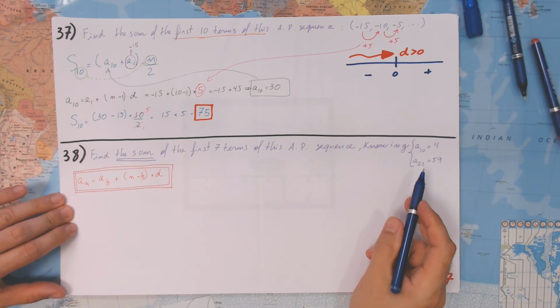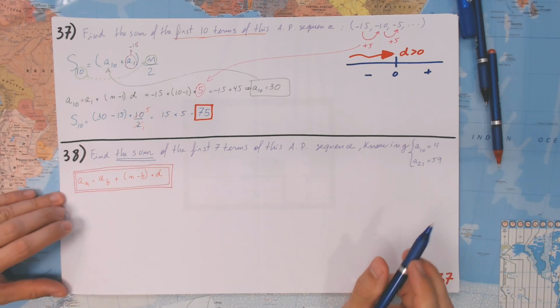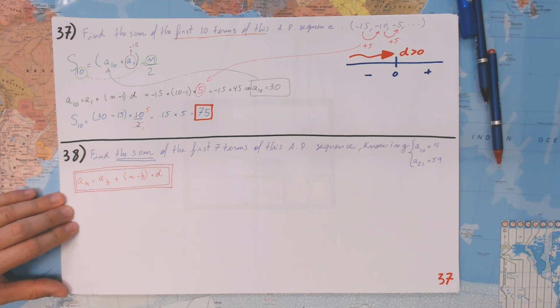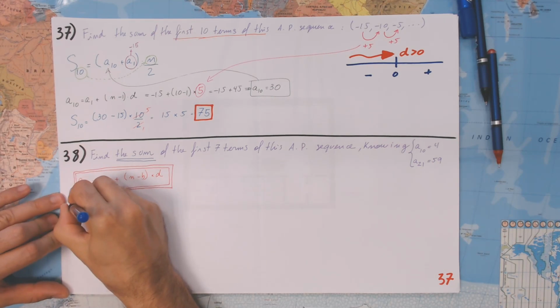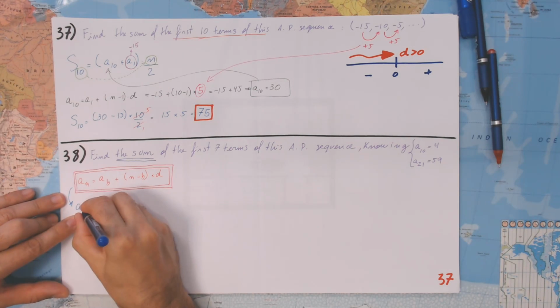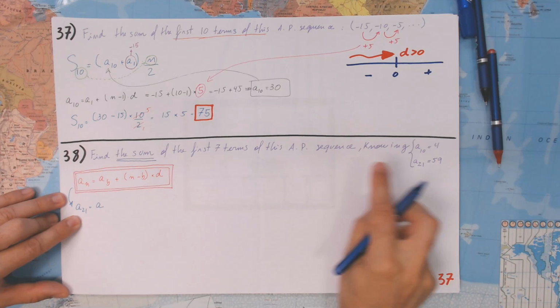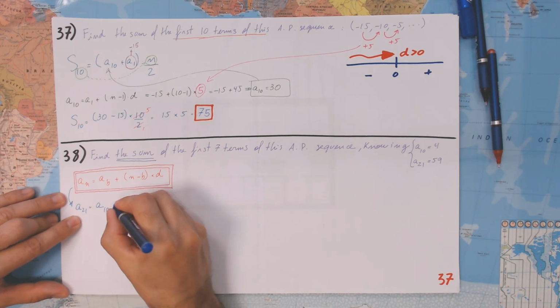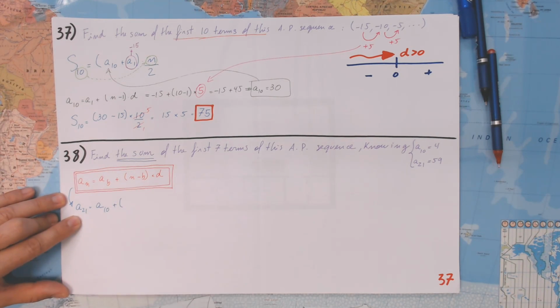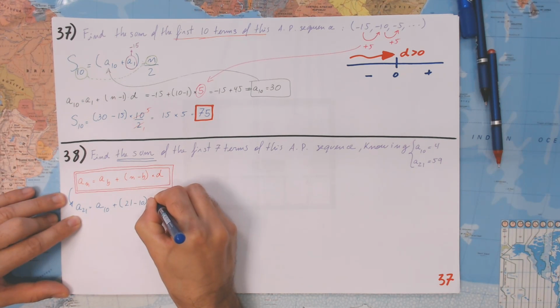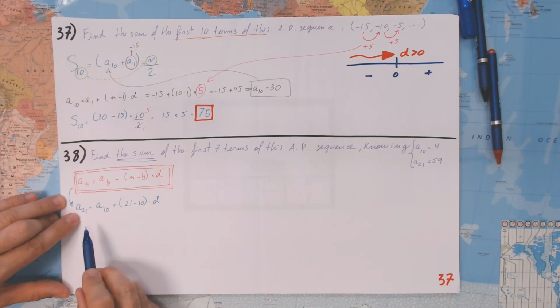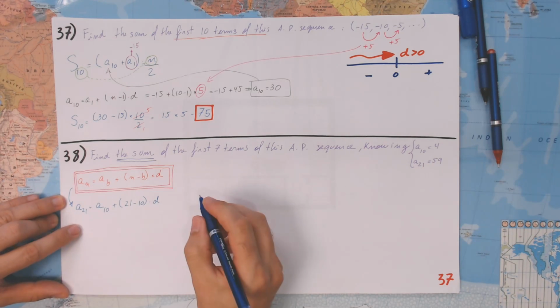Now, what is going to be D? Let's first find out this. Using this formula, A21 equals A10, because we know both of them, plus n, which is 21 minus 10, times D. A21 is known.